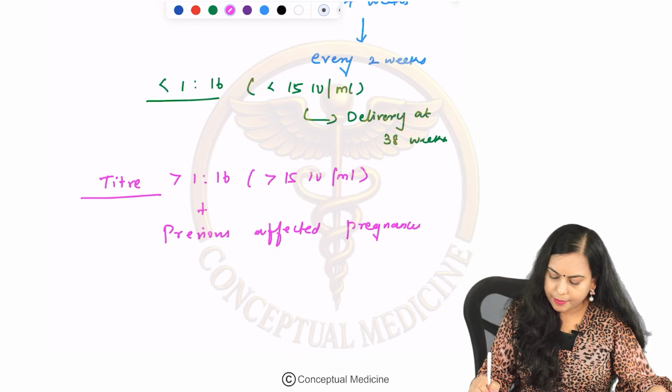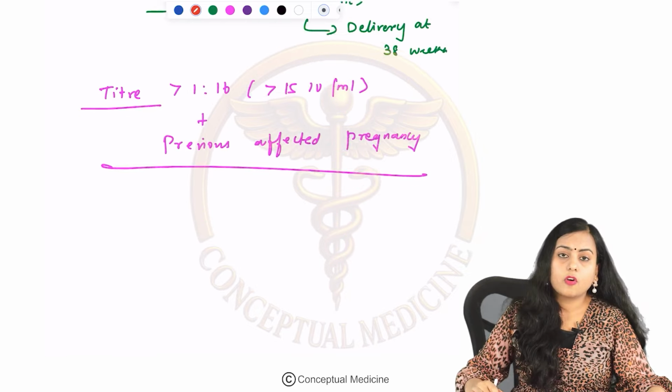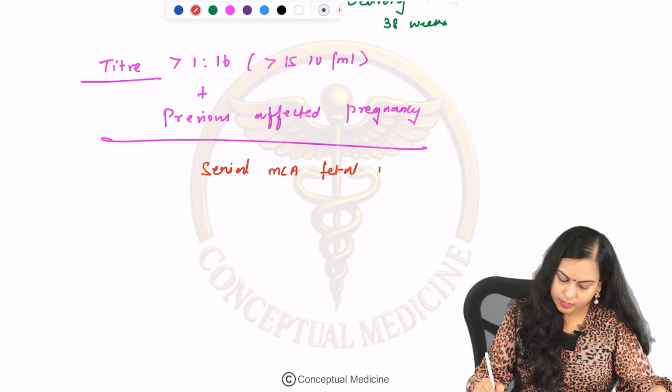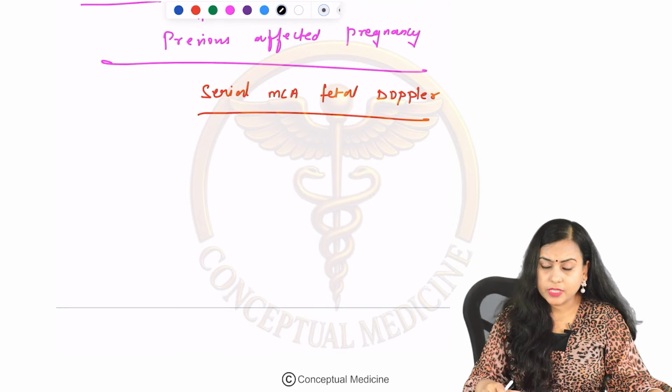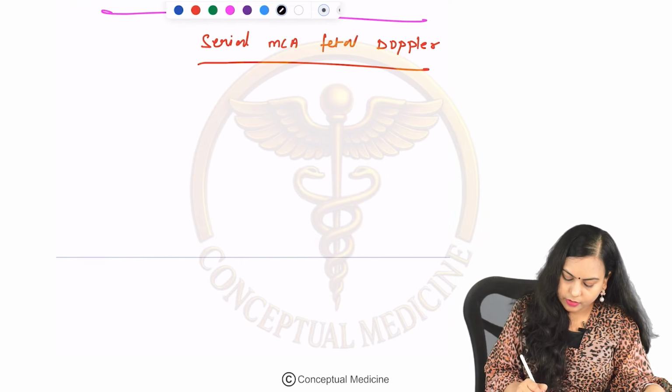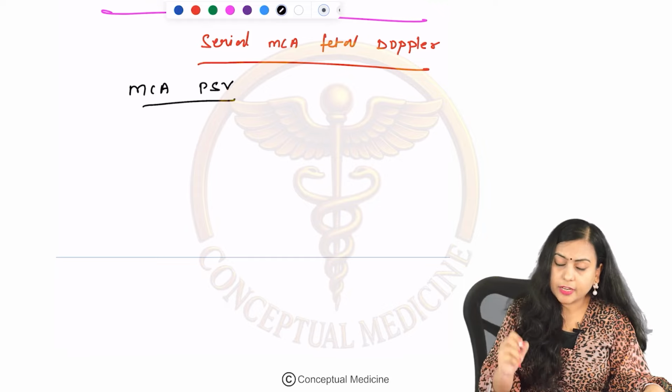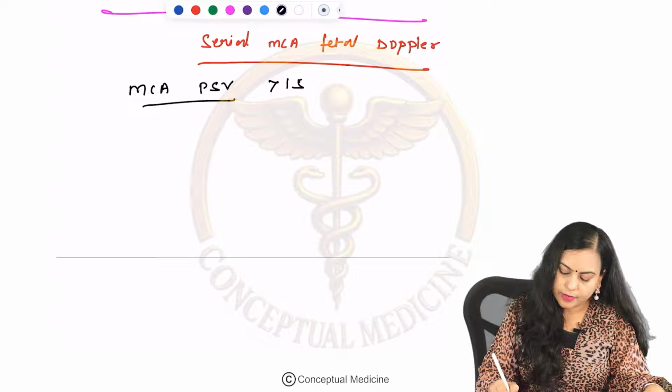So, if this is happening, then you will offer her serial middle cerebral artery fetal Doppler. Okay. So, in the serial MCA fetal Doppler, you will check your middle cerebral artery peak systolic velocity. Okay. The cutoff is more than 1.5 MOM, that is multiples of median.